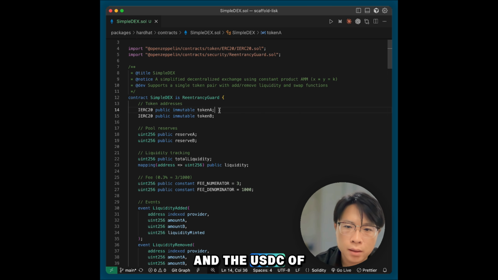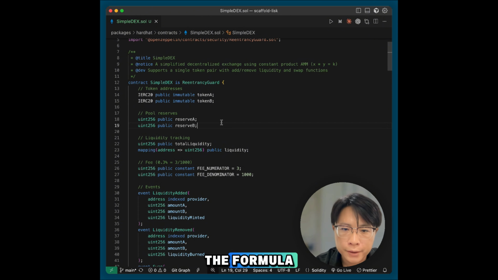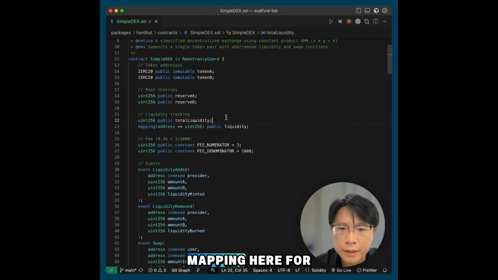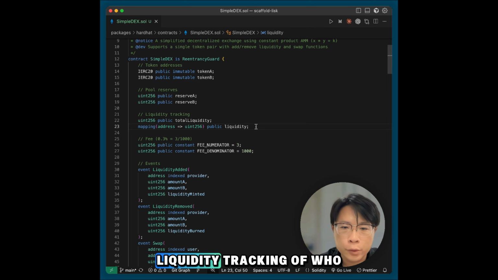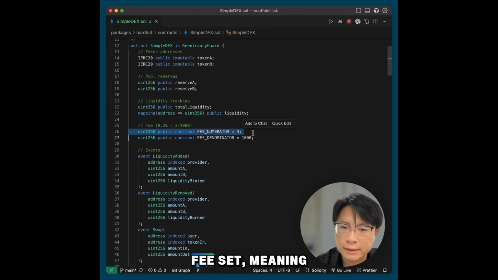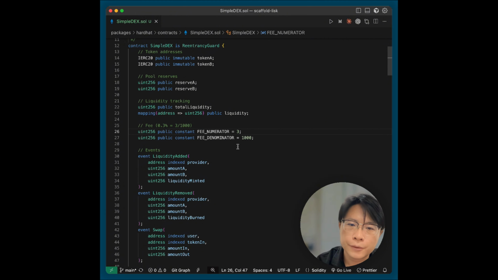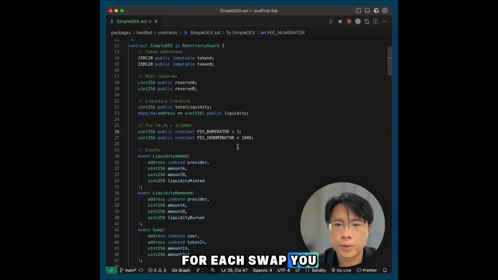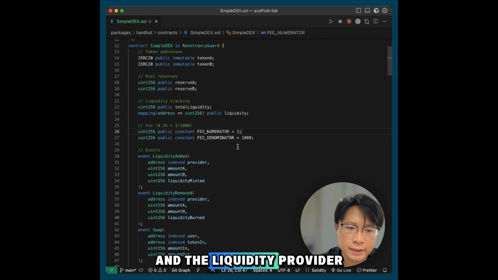We have the pool reserves, which are the x and y in the formula. We have some mappings for liquidity tracking, of who added how much liquidity, and we have a fee set, meaning that for each swap, people pay a 0.3% transaction fee to the liquidity providers.